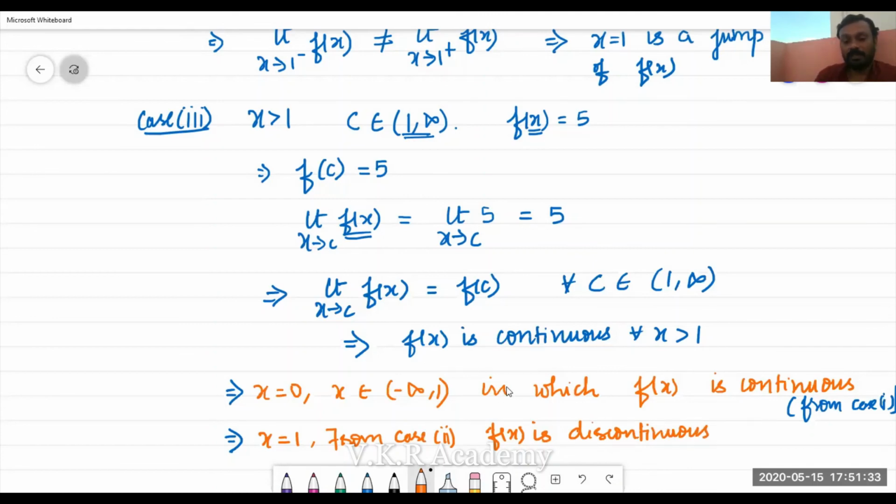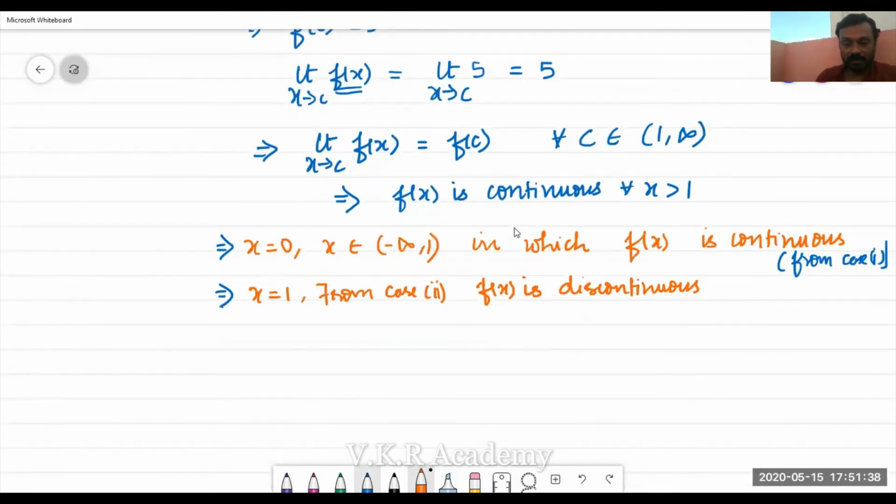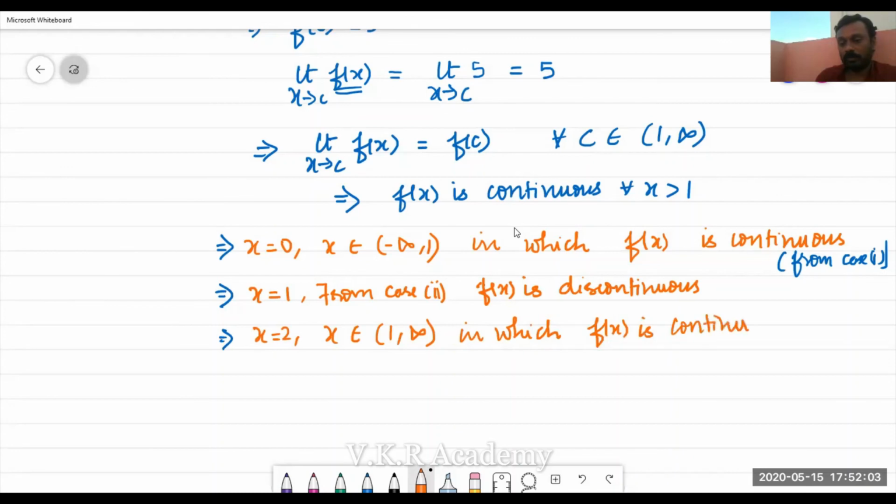And the third point given in the question is x is equal to 2. So it lies in the interval 1 to infinity. This is the third case where f of x is continuous. This is from case 3.